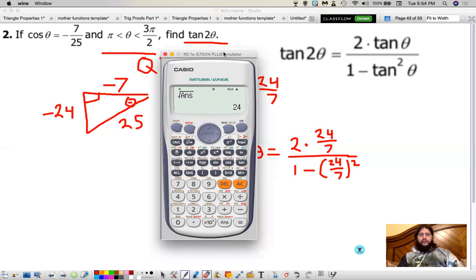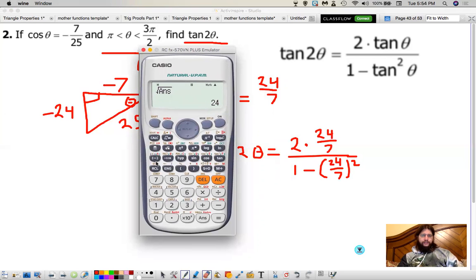No need to do all the arithmetic by hand. 2 times 24 over 7, over 1 minus, I'm going to use parentheses, 24 over 7 squared. And that gives you negative 336 over 527.